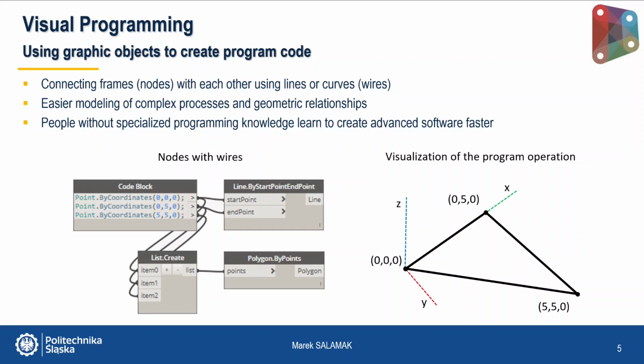Their popularity is because people without specialized programming knowledge learn to create advanced software faster, using graphic symbols instead of difficult to remember text rules and keywords. This is certainly helped by the increasing computing capabilities of computers and more convenient graphical interfaces.